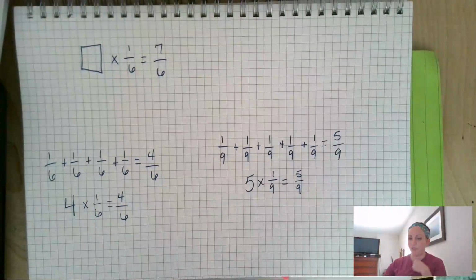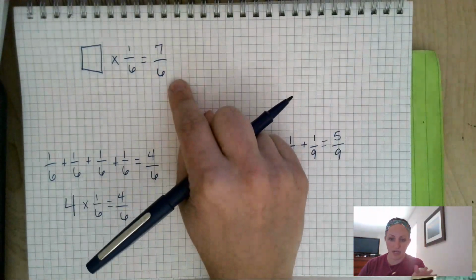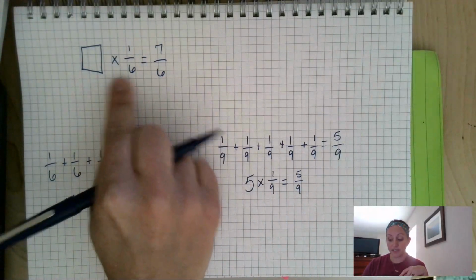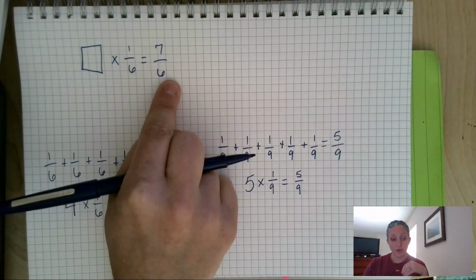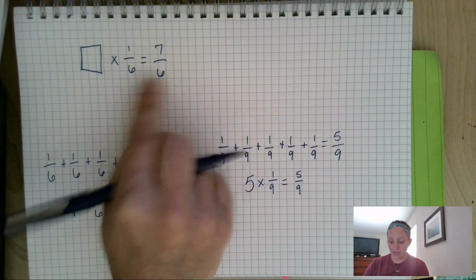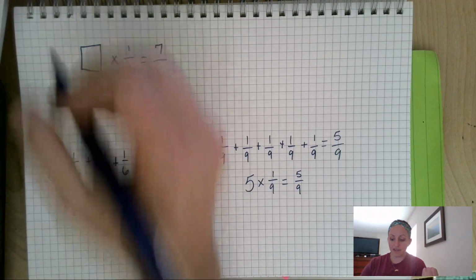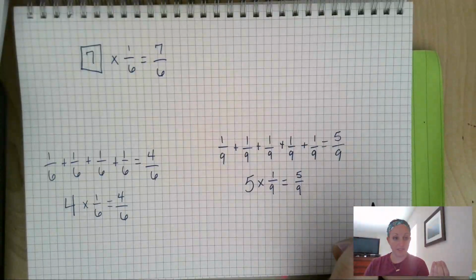Don't worry about the fact that this fraction is greater than 1, because right now we don't need to be bothered with that. Well, how many times am I going to have this 1/6 to get 7/6? I'm going to have it 7 times, right?